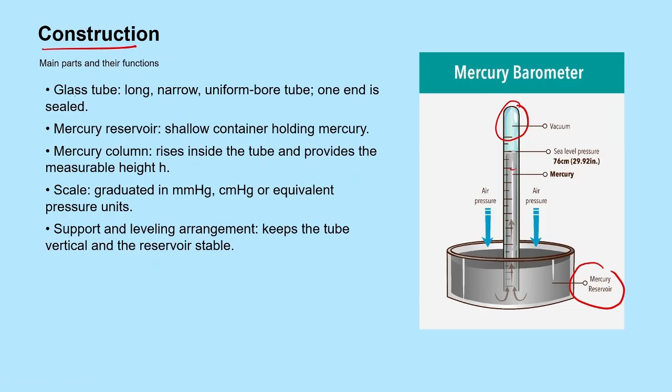Its construction: glass tube, long, narrow, uniform bore, and one end is sealed. Like here, the other end is sealed, not open. So you have the glass tube, mercury reservoir, mercury column, scale, and support and level arrangement with the tube vertical and reservoir stable.